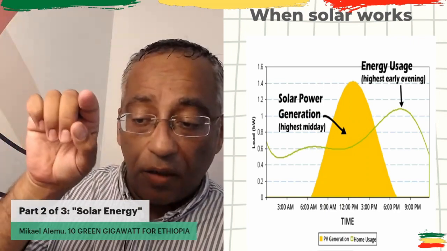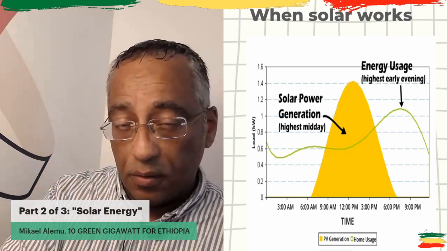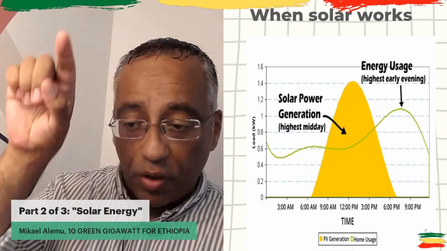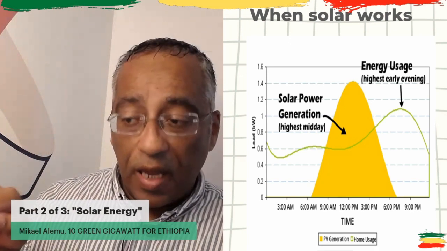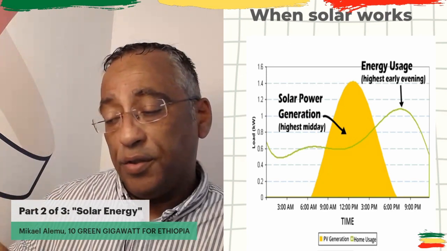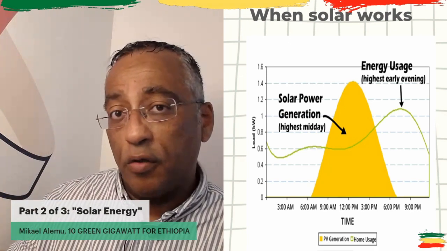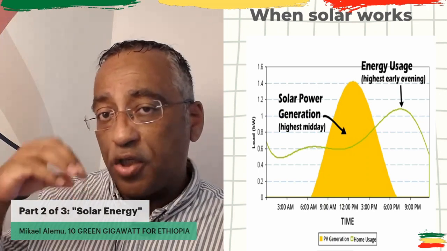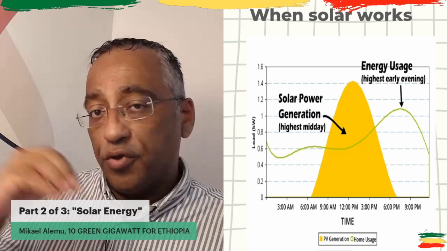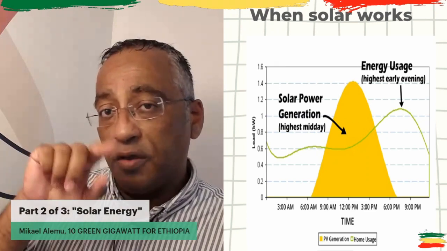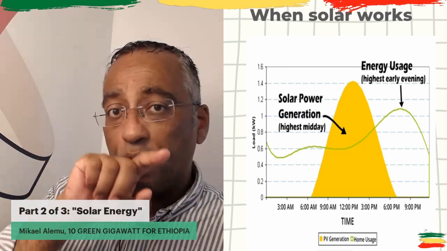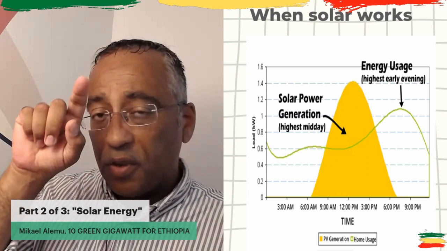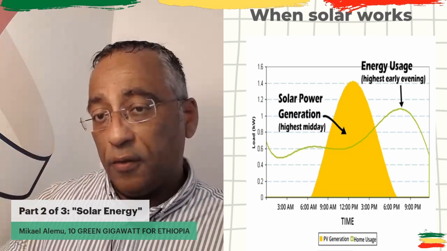And then it's going down. So solar energy is like on this yellow curve. You see the yellow curve? That is how much electricity is produced by the solar panels during the day. Little in the morning, then a lot in the midday, then again little in the evening.